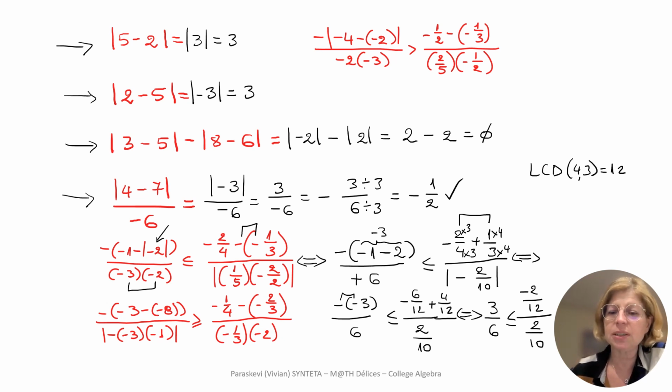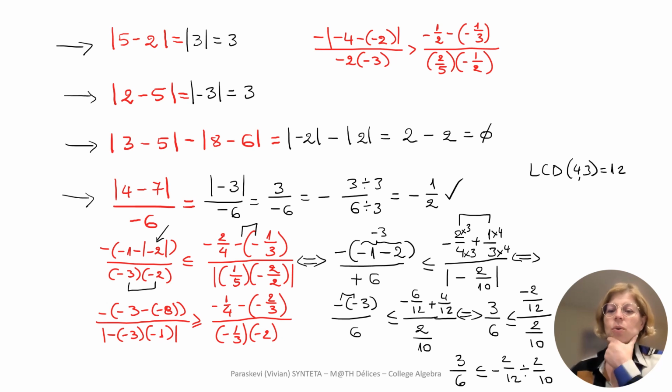So in the first part I have 3 over 6, and on the other side I've got minus 2 over 12 divided by 2 over 10. So you need to continue by transforming this to a multiplication, inverse the second one, and then try to do the multiplication between those two.